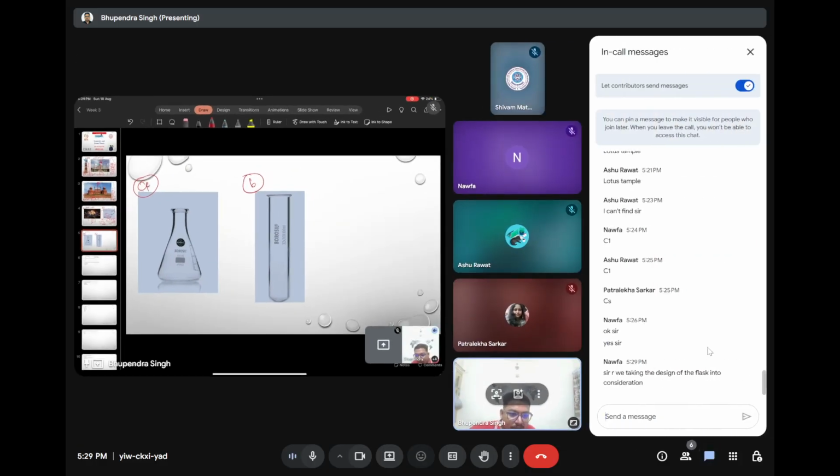Sir, are we taking the design of the flask into consideration? I mean, this is conical, yes, of course.